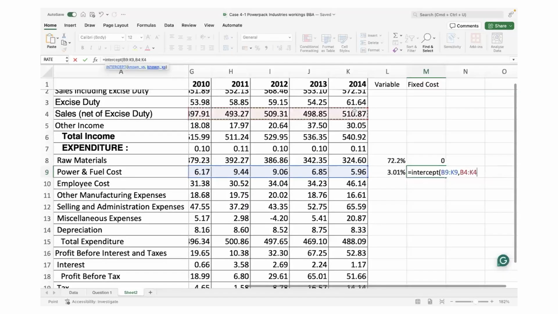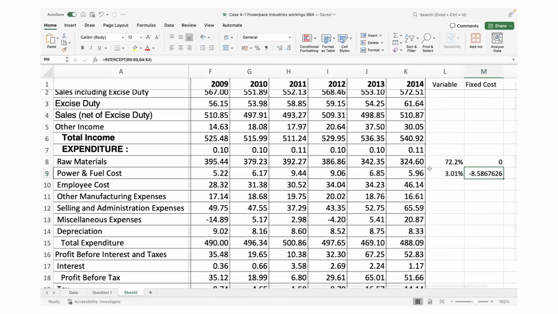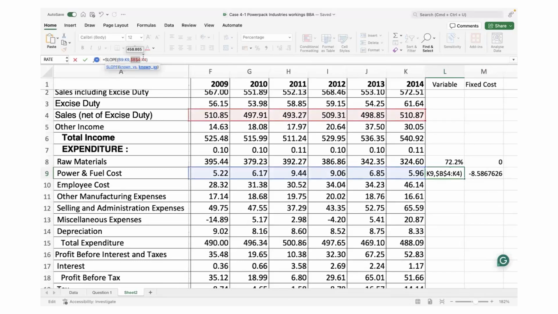Sales. It is negative. The cost cannot be negative, therefore we need to use a line estimation function. We will do that later. We will first complete all the cost elements, and then do them all together with line estimation. Wherever the numbers are negative, we will do the line estimation.